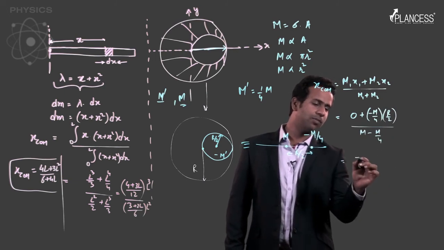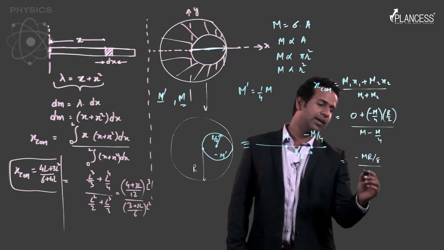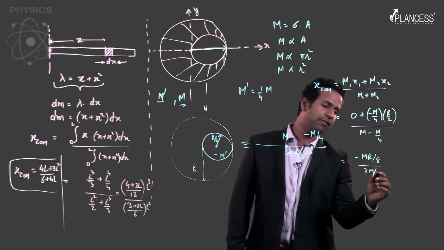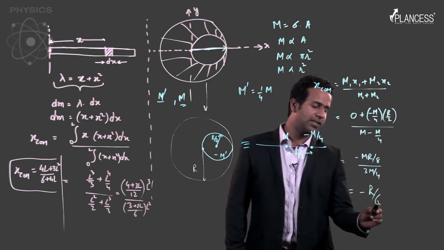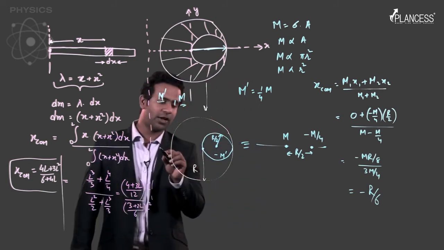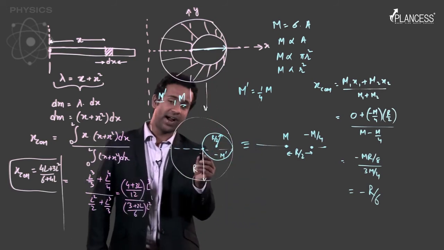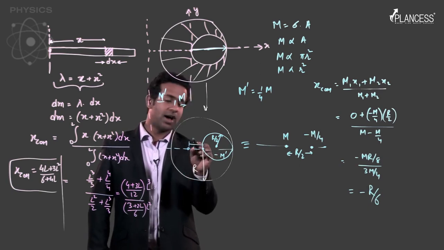So this gives you minus mr by 8 divided by 3m by 4, which leaves you with a value of minus r by 6. Now, the negative sign indicates that the center of mass is behind this origin and at a distance of r by 6.